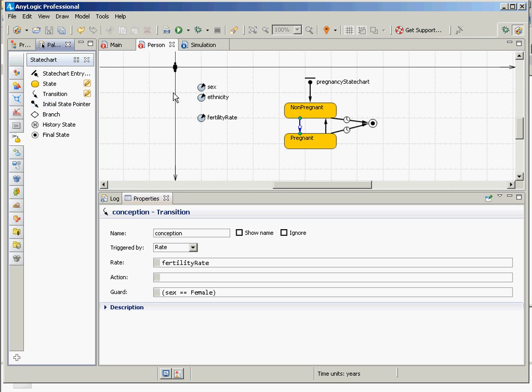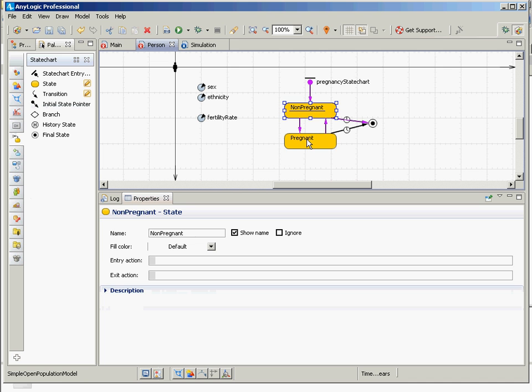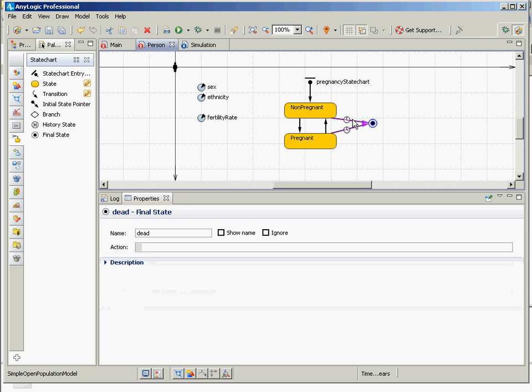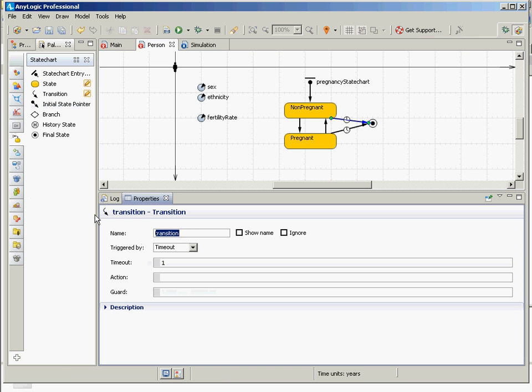I've added a non-pregnant state and a pregnant state. I've added a final state called dead, and I have two transitions. So this would be mortality transition non-pregnant and mortality transition pregnant. The names of those are typically less important, but I like to give them a name so that I know what it is if I see it otherwise.